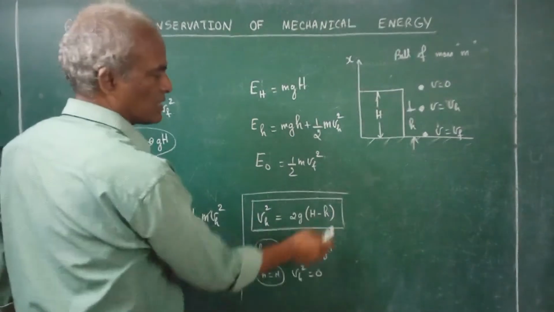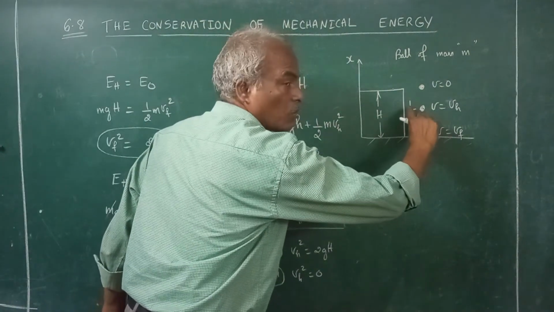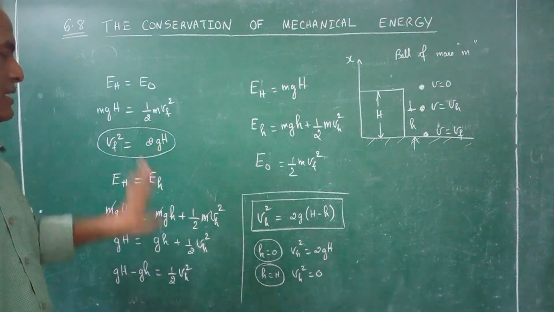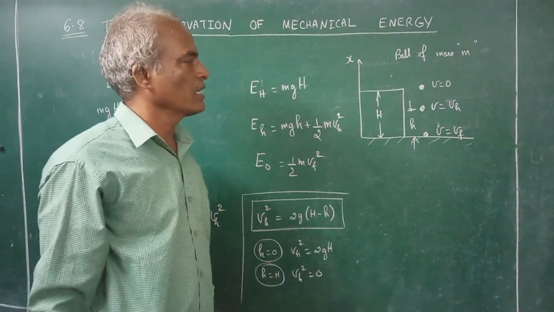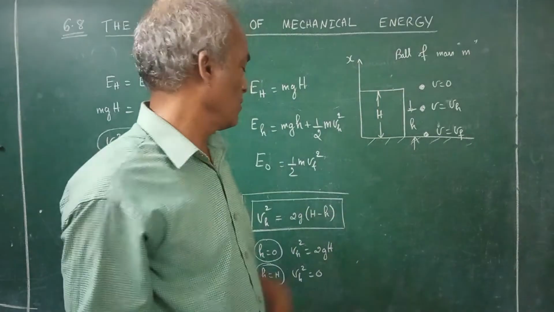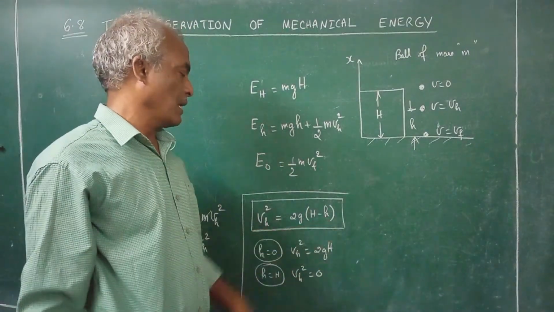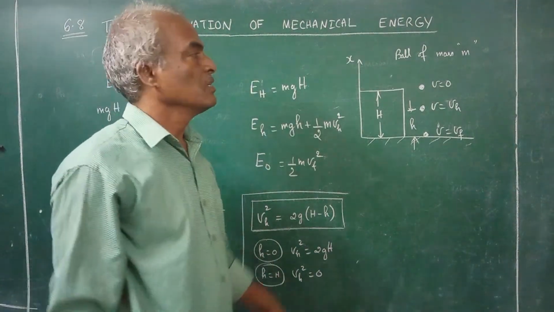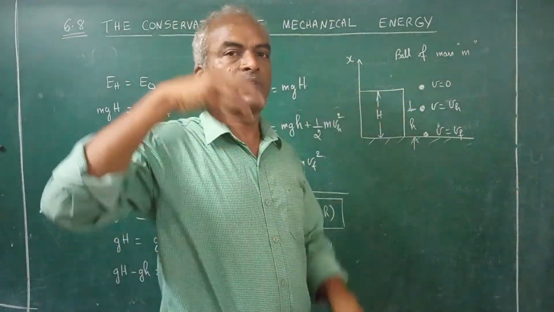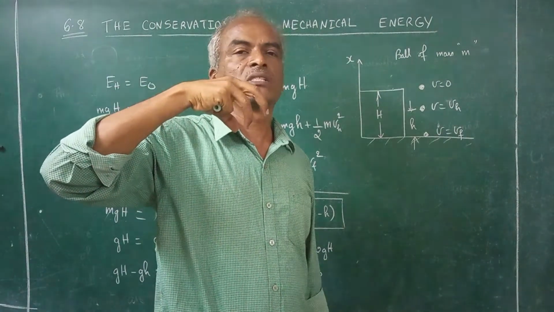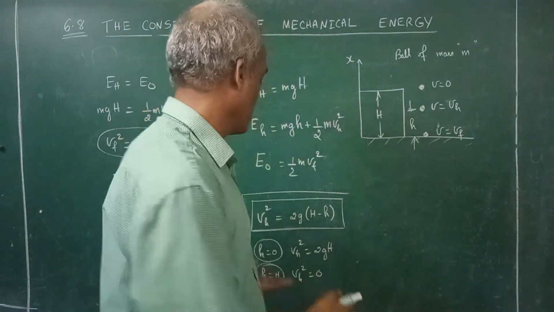Now if h reaches capital H, that means if you replace h by capital H, H minus h is 0, therefore velocity is 0. So the velocity at the source point where we hold the ball is 0, because it has only potential energy at that point. That's what we got as the results.